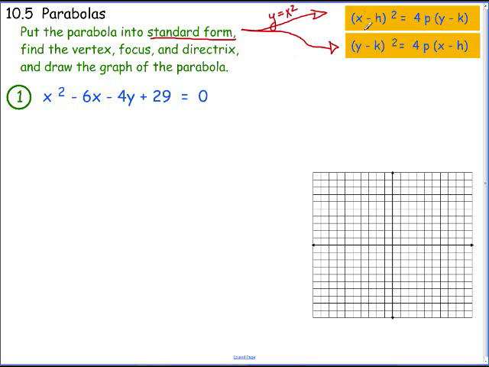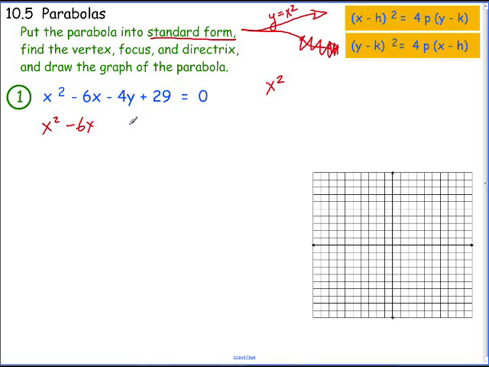form, put it here. The first thing to notice is which is my squared term. X is squared. So we're going to be using this one. We want to get it into that form. And the other thing to notice is we have a linear x term.